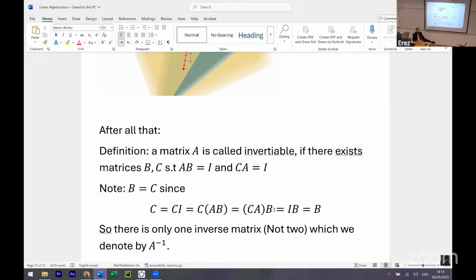For this to work, C has to be equal to B, and for the multiplication to be defined... B and C must be the same size, but if A is M by N, then B and C are N by M, and the multiplication is defined on both sides. It's not by size, it's something else.